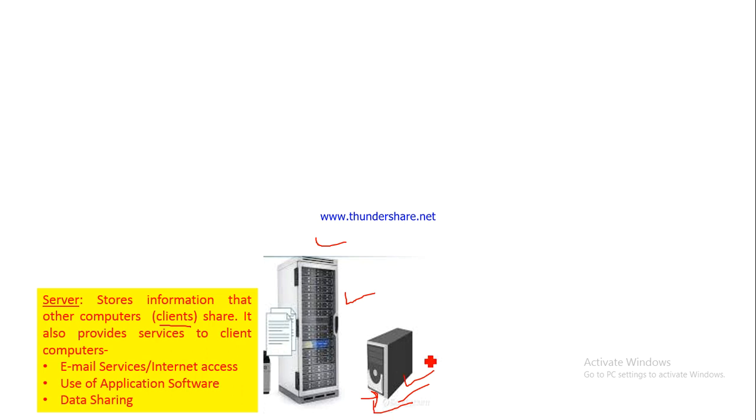Is this fine? And plus, many a times this server would also provide internet connectivity. So it would so happen that the server is connected to the internet, so it would also provide this connectivity to the client computers.